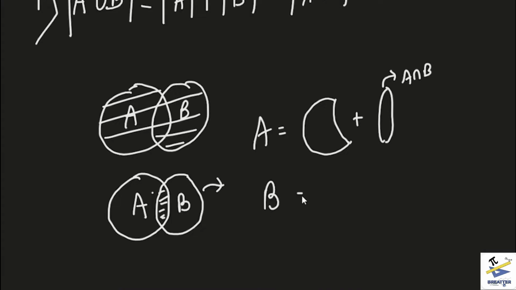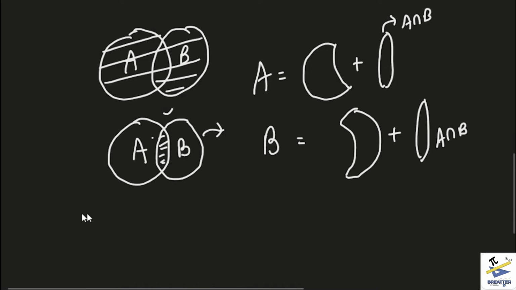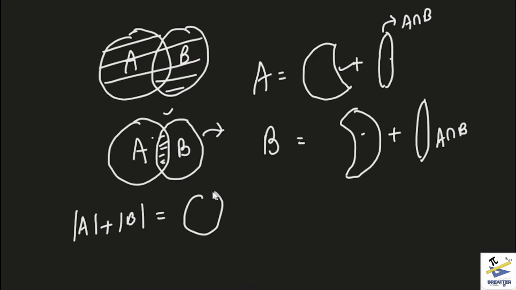Similarly, B is basically this whole thing, as you can see here, except this intersection part, plus the intersection part, which is A intersection B. Now when you add A and B, what you get is this. So these two things add up, and if you take one of them, it makes you the whole A union B thing, right? So you take this part, you take this part, and you take any one of this.